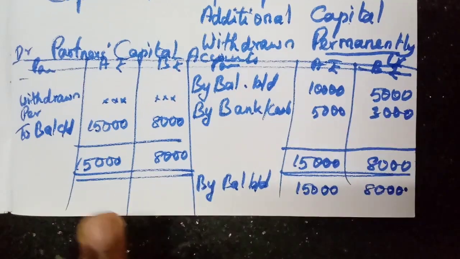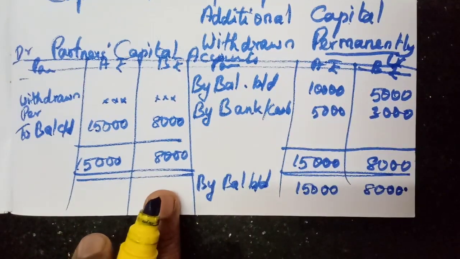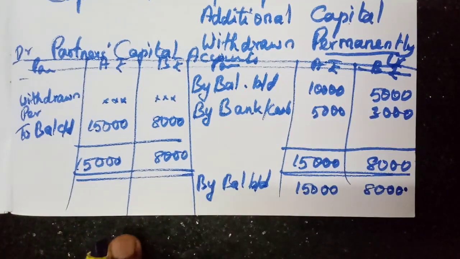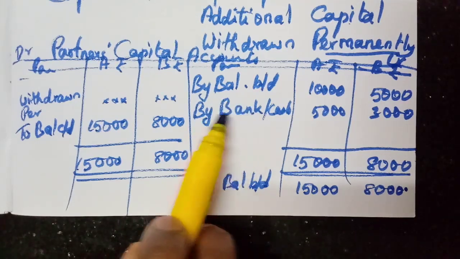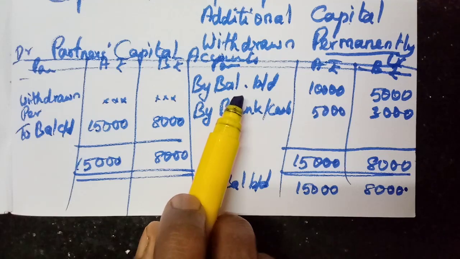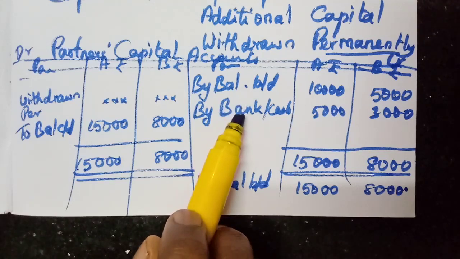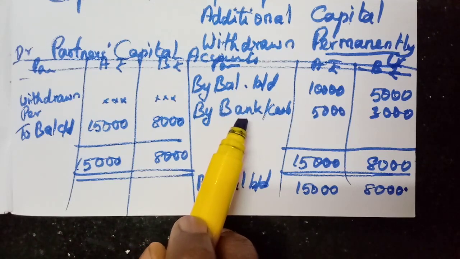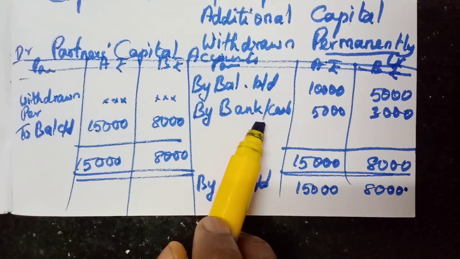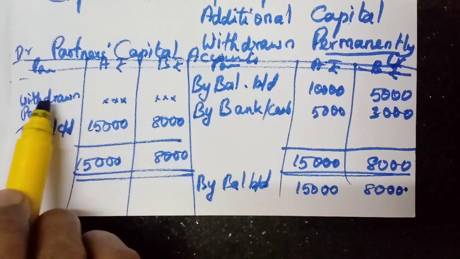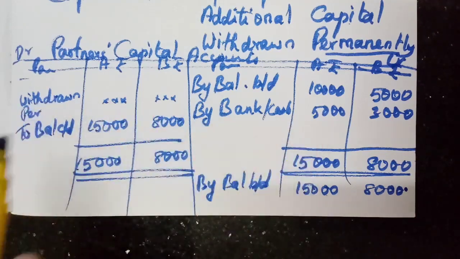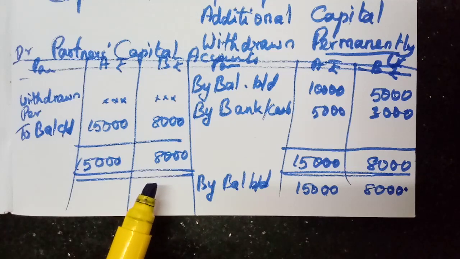Here, this capital account always shows credit balance, because we write the opening capital and what we introduce also in the credit side. So usually most of the times we get credit balance only. But sometimes if he withdrawn permanently more amount, then it may have debit balance.